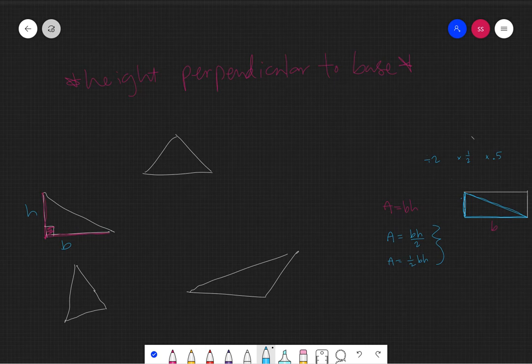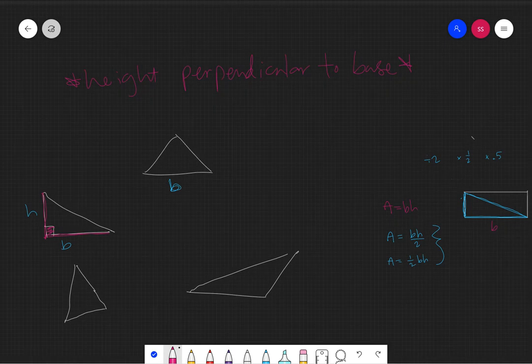Now, let's say we're looking at this equilateral triangle. And let's say that that's the base. Where would our height be? Well, if that's our base, the height will intersect the base perpendicularly.